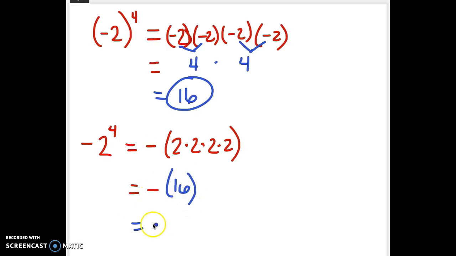But then we make it negative. Okay, so notice 2 different ways of the problem being set up, and we got 2 different answers. One's a positive 16, one's a negative 16. So you've really got to pay attention to each of those and know which way they're wanting you to set it up, and then you'll get your answer from there.